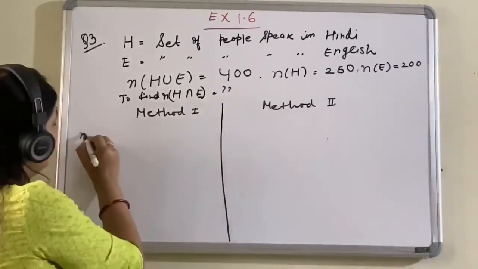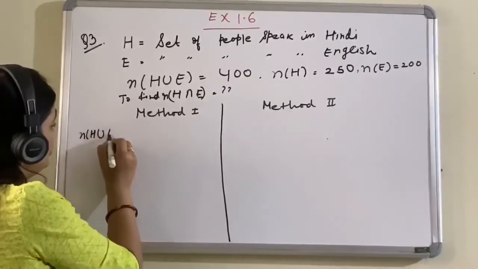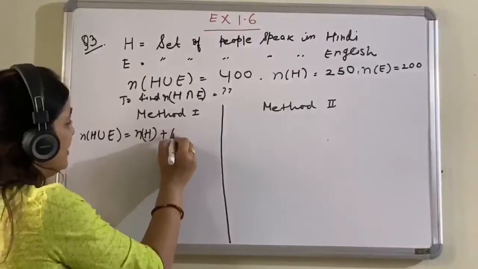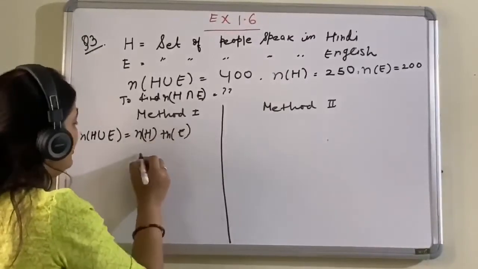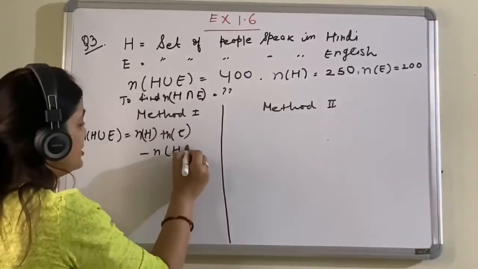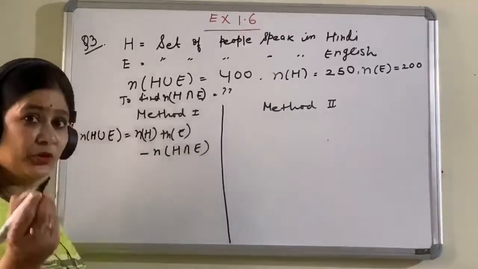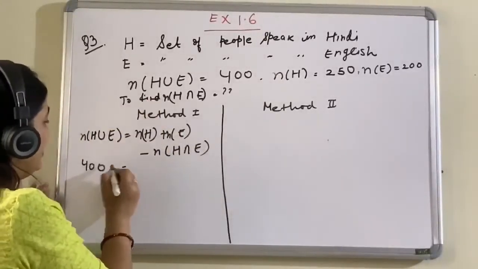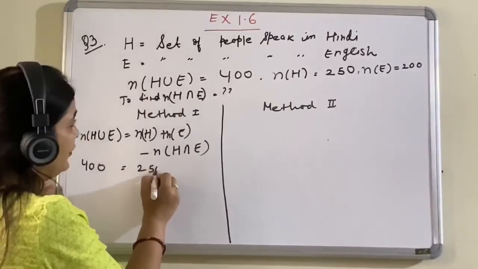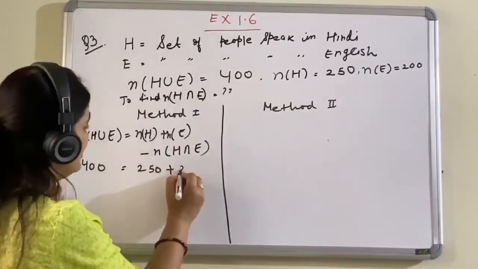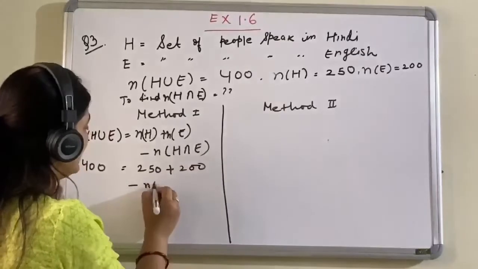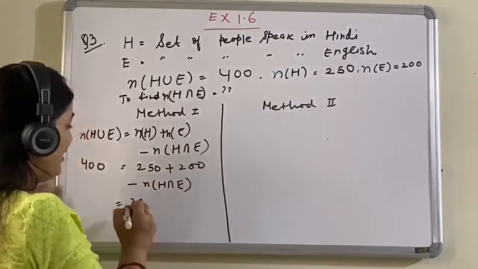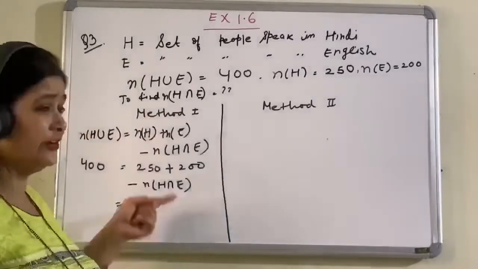What is the formula? n of H union E is equal to n of H plus n of E minus n of H intersection E. Substitute the values: H union E is 400, n of H is 250, n of E is 200 minus n of H intersection E. You can simplify and find the answer. It is the first method.